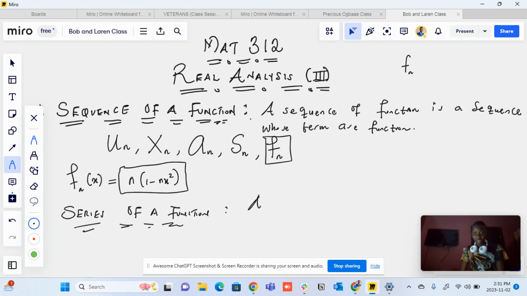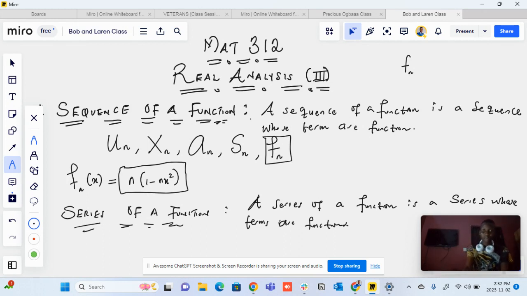A series of a function is a series whose terms are functions. There's no need for us to talk more on that. So I can actually give an example to this.